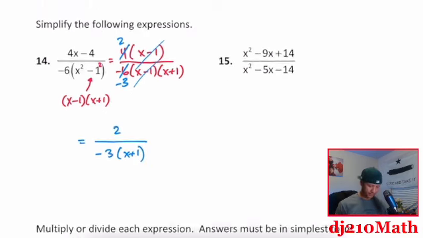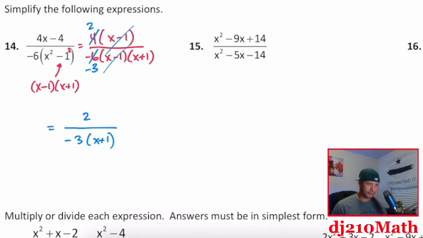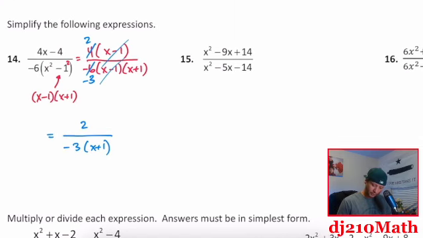It doesn't matter. All right, 15. Quadratic divided by a quadratic. So we're going to have to factor. 2 numbers that multiply to make 14 that add up to negative 9. 7 and 2. But negative 7, negative 2. Okay. The bottom, 2 numbers that multiply to make negative 14 that add up to negative 5.